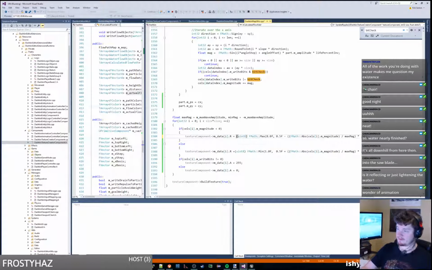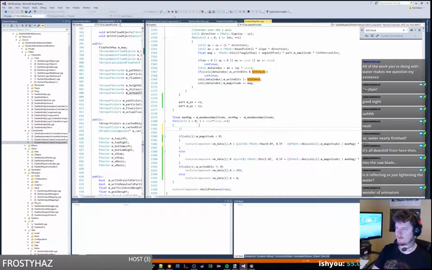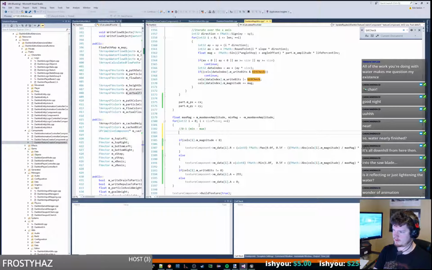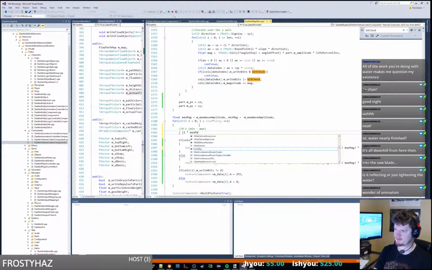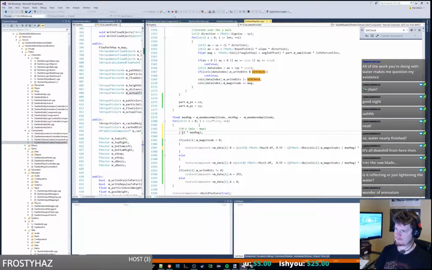Alright, so basically what we need to do is go from 0 to 1, should be from min to max. So we want to take our value, divide by 2 times max magnitude, and then we need to clamp it.